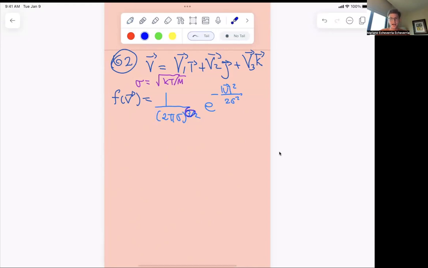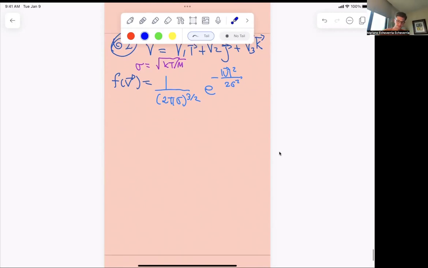That's why there's a 3/2, and that's just because there's one Gaussian per direction. They are all being multiplied together, if that makes sense. So this density is actually the product of 3 Gaussians, one for each direction of the velocity. Is that making sense? Yeah, it's a product of Gaussians, actually.